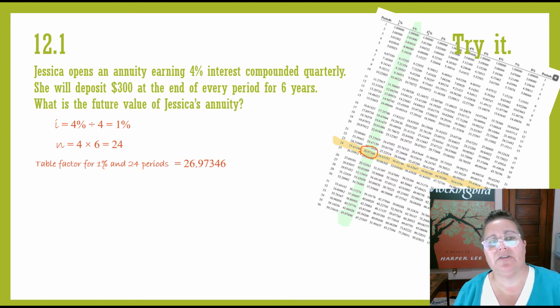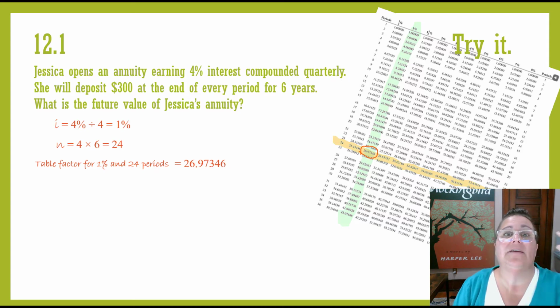If she doesn't earn any interest, she's just going to have that amount of money. So we want her total value to be worth more than the 24 times she put money away. Hopefully, when you look at that, you see that that number, 26.97346, has to be more than the 24 in order to earn interest, right?